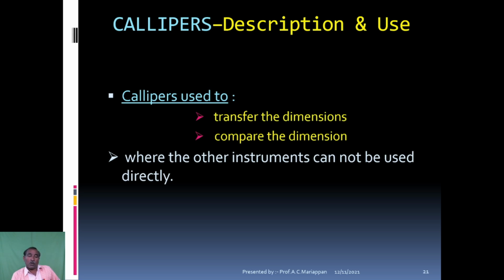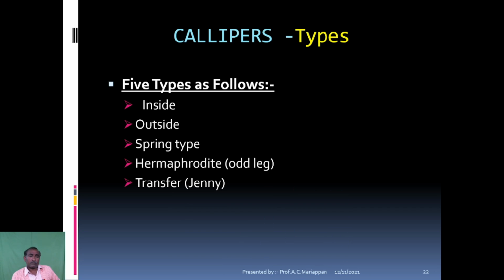You can keep one leg at the beginning and another leg at the end of the object to measure, and transfer the measured dimension to the steel rule. So a caliper is an indirect measuring instrument. Different types of calipers are used in industry: inside caliper, outside caliper, spring type caliper, hermaphrodite caliper, and Jenny calipers.